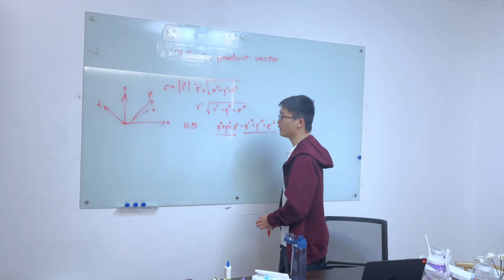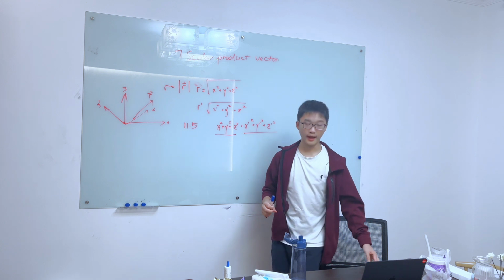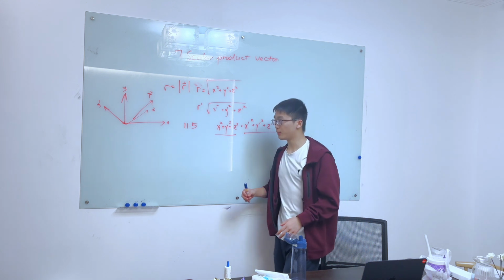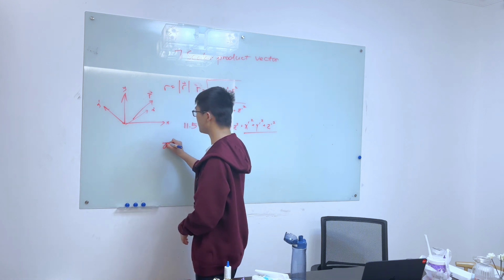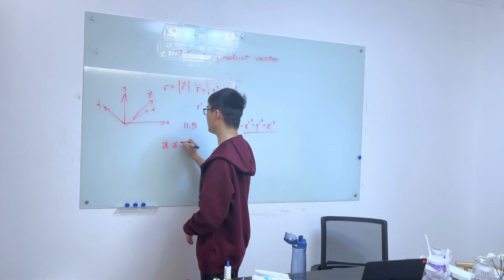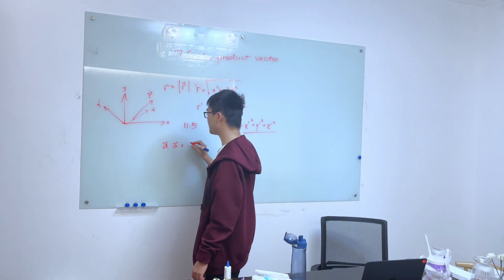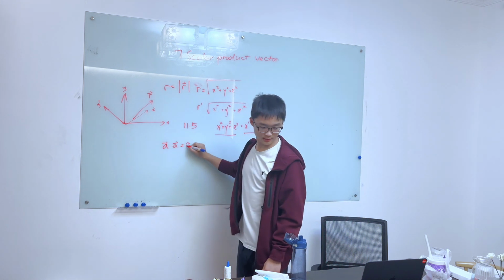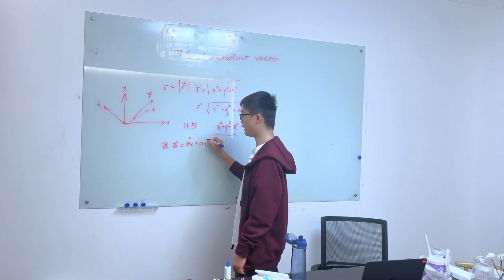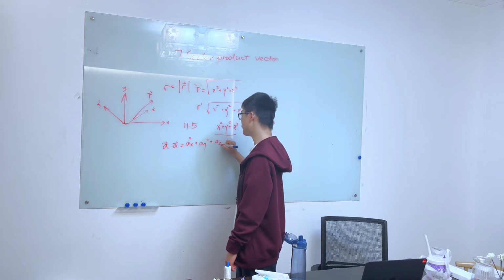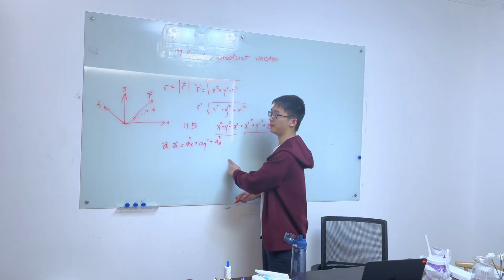So now we invent a new thing that is called a scalar function. So what is a scalar function? We denote that a times a equals ax squared plus ay squared plus az squared. So this is our definition.